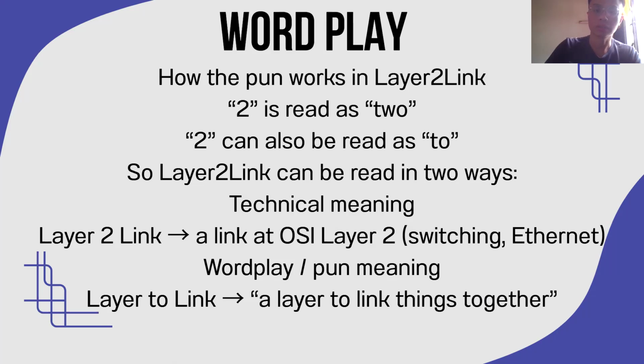So Layer to Link can be read in two ways. The technical meaning refers to the link at OSI Layer 2, switching, which is related to our project. Both are related actually. And the second one, Layer to Link, is a layer to link things together.